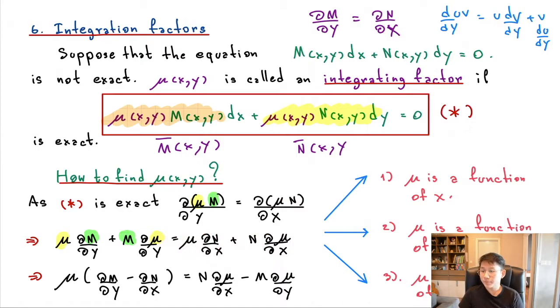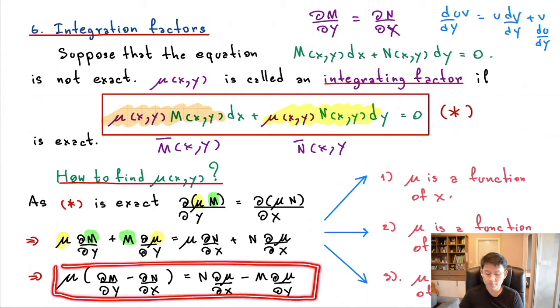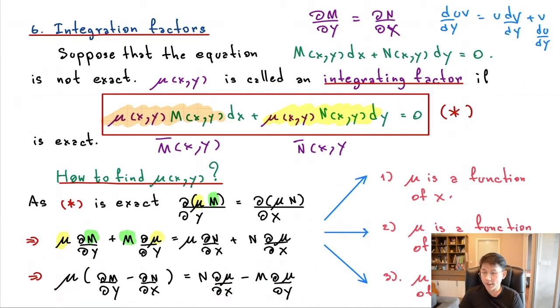Okay, and then I move this mu to this side, and then I move this to the other side. So we can actually write mu in this form.